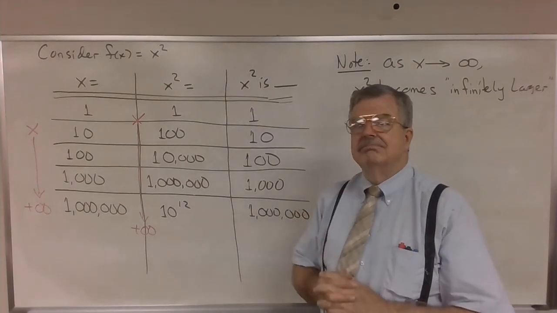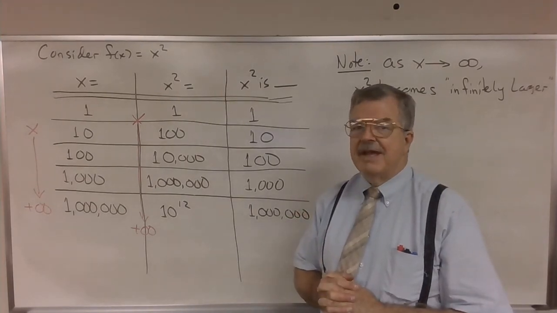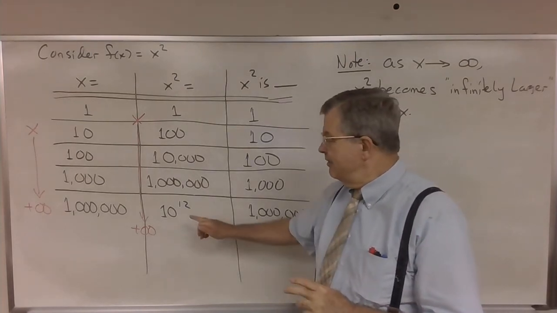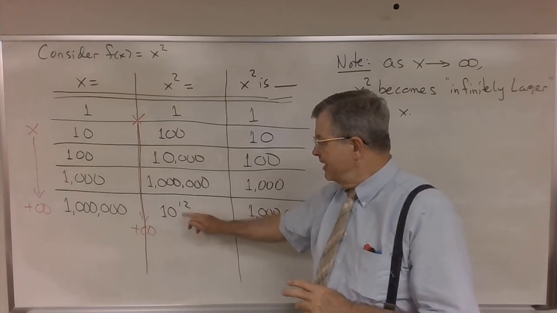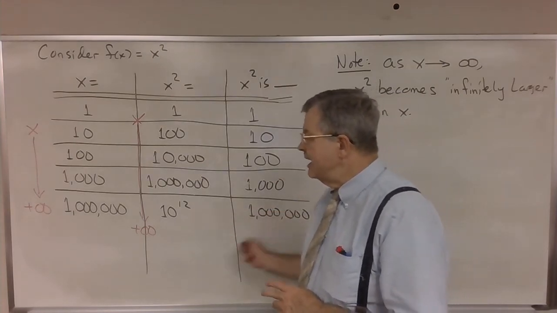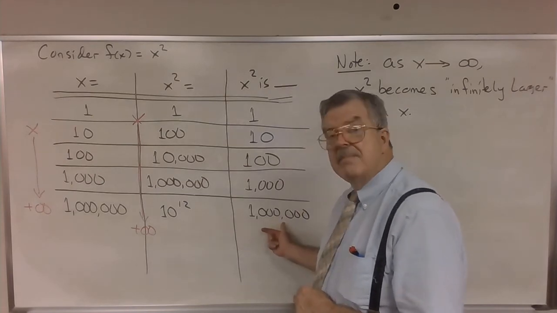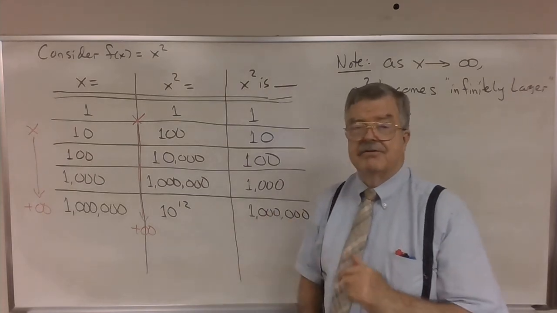Now, maybe the answer is yes. Remember, a trillion is 1 million times larger than a million. A trillion is 1 million 1 millions.